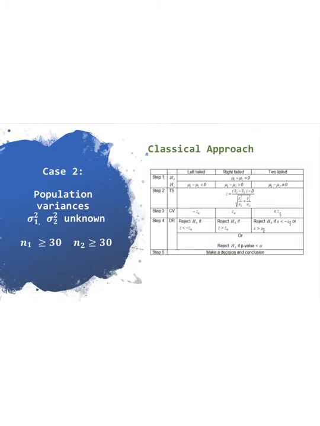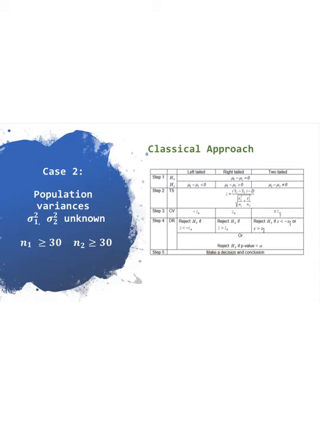Okay, now kita tengok pula untuk case yang kedua, which is population variance unknown but the sample size is large, which is greater or equal to 30. Okay, the step dia, hypothesis dia sama, critical value, decision rules, and conclusion dia pun sama.